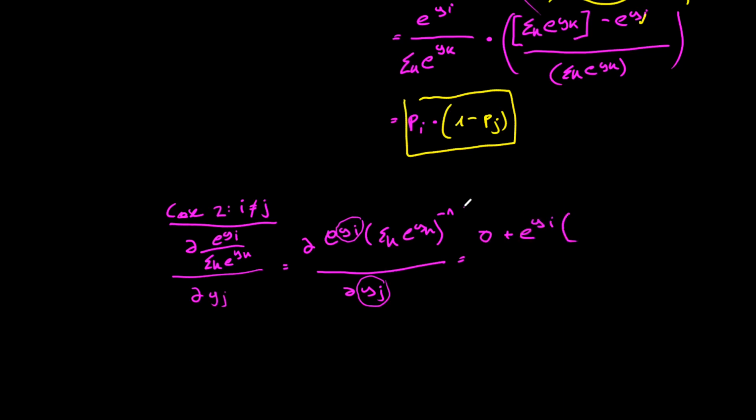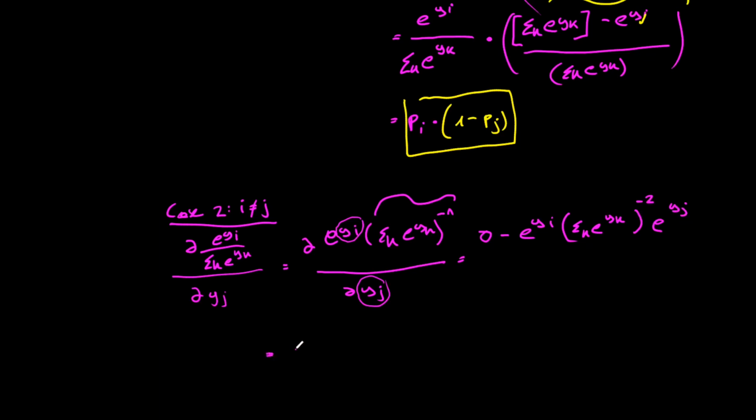As we did before, we're going to apply the chain rule to this whole thing, so minus 1 goes down here, so this becomes a minus. So this becomes minus 2 of summation over k of e^(y_k) multiplied by e to the power y_j. This is, as we said before, because this is a summation of constants except the case when k equals j.